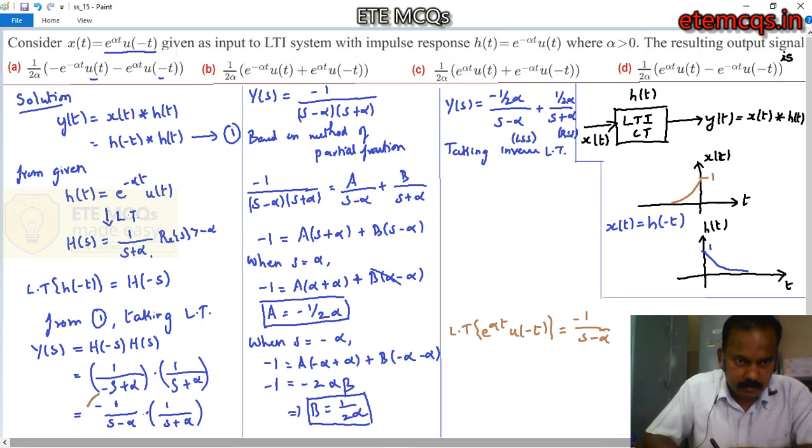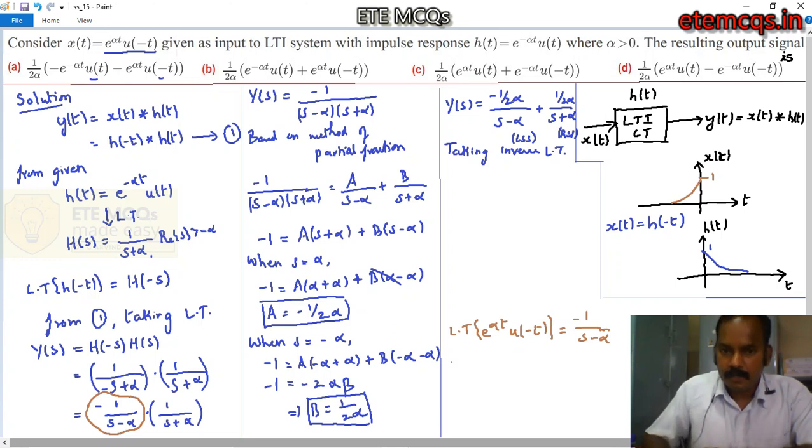This is the Laplace transformation of x of t, because x of t on taking Laplace has been coined as h of minus s. So e power alpha t u of minus t is minus 1 by s minus alpha.